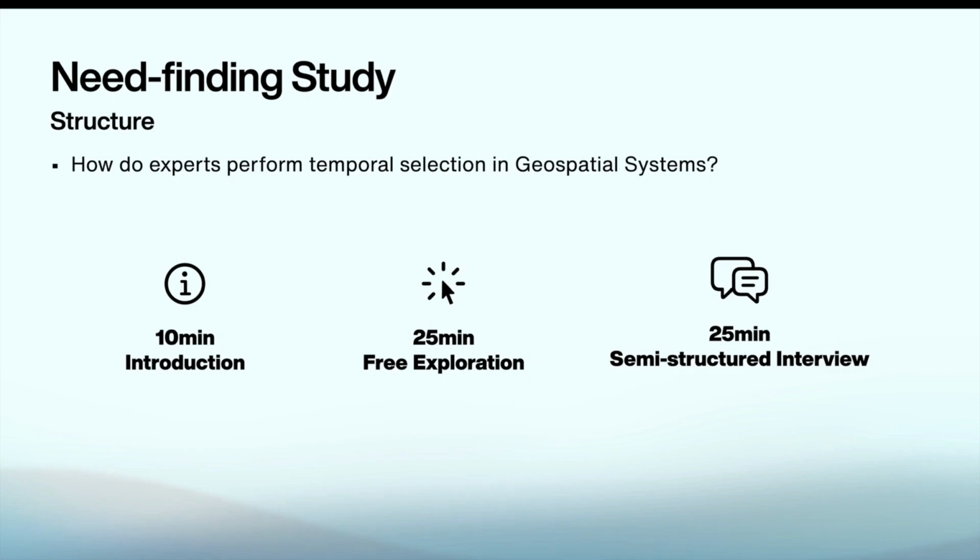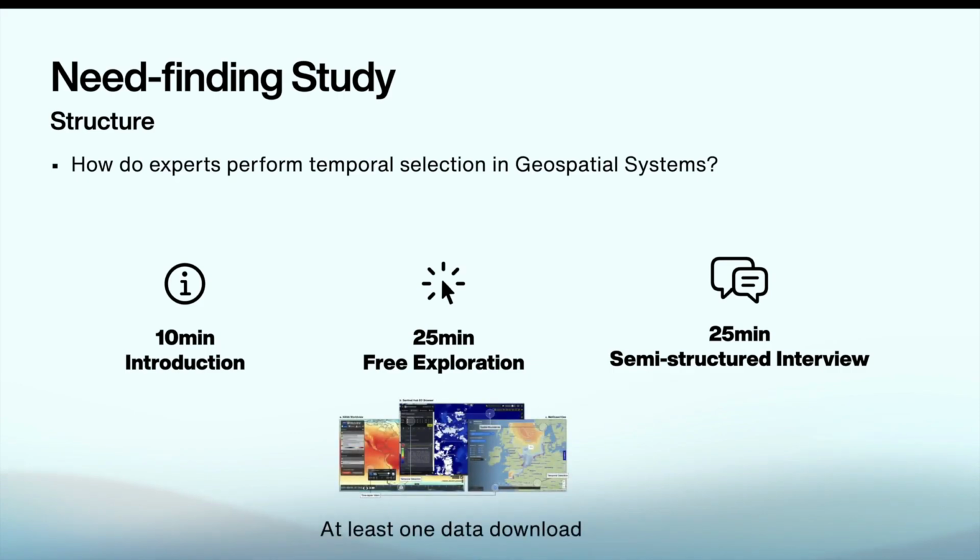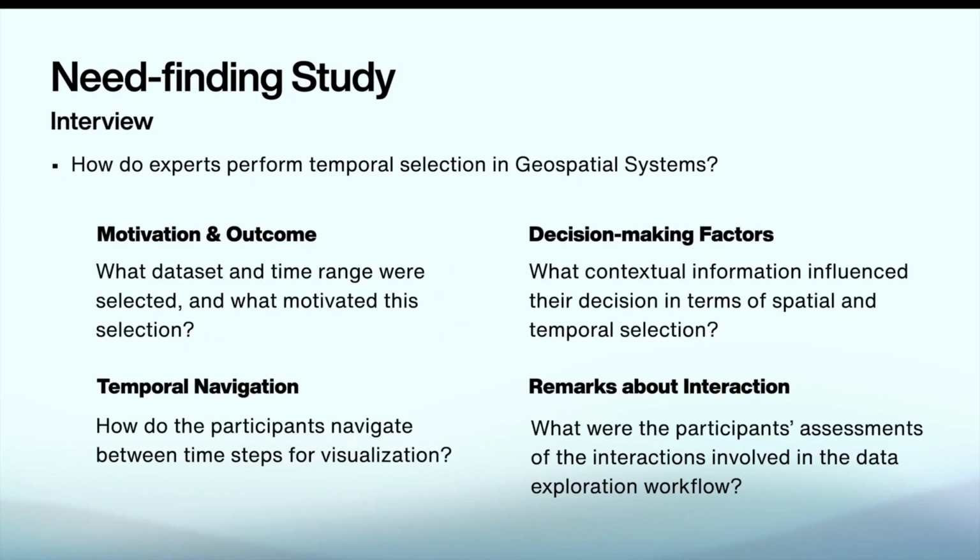We let the participants explore the aforementioned systems freely, instruct them to perform at least one data download, and record their behaviors during the session. The interview is structured around the following outline: their motivation and outcome, the factors that influenced their decision-making process, how they perform temporal navigations, and their overall remarks about the interaction involved in the workflow.